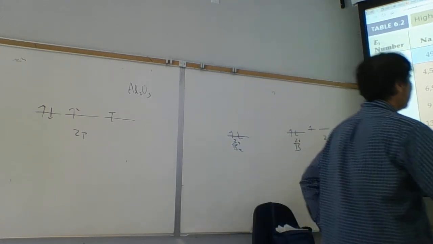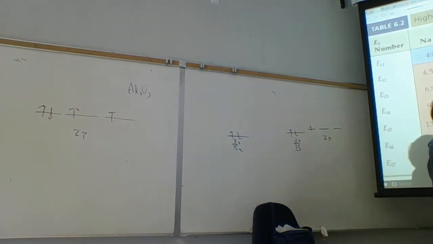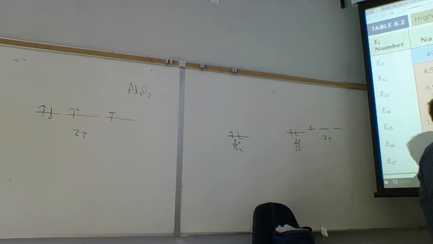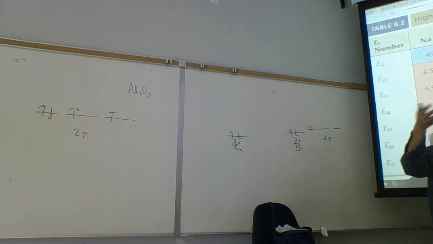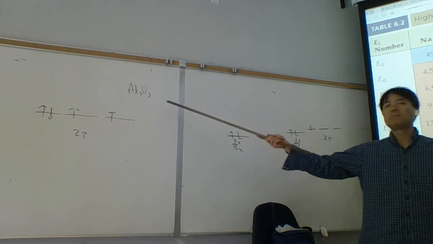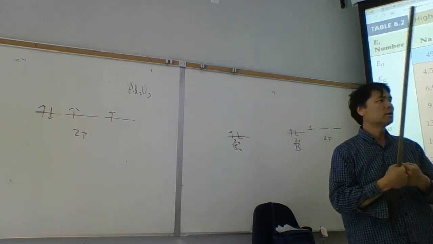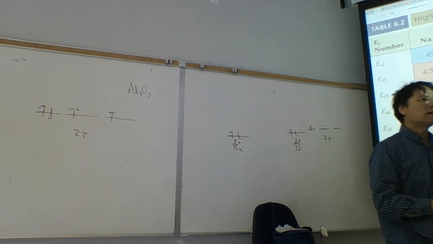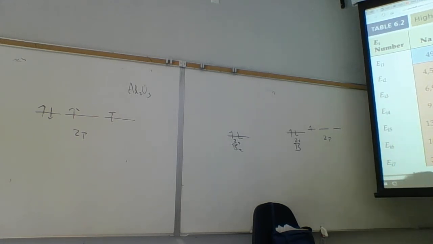So the reason is yes, this costs more energy, but what you get in return is something very stable. And so you have to look at the long-term picture, not the short-term picture, and look at what's at the end. What's at the end is you're going to form a compound that's going to have strong bonds. Whereas with helium +, yeah, it costs you less energy, but it's only a +1, not a +3.